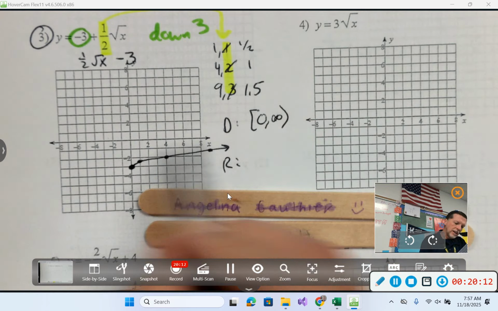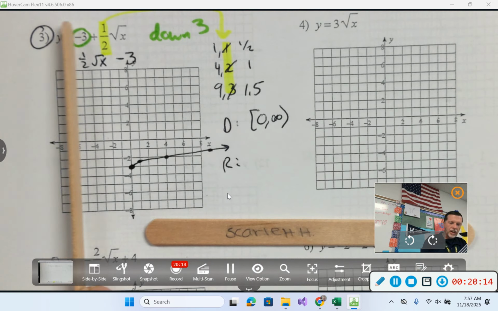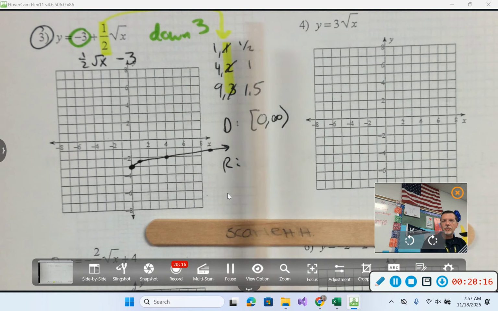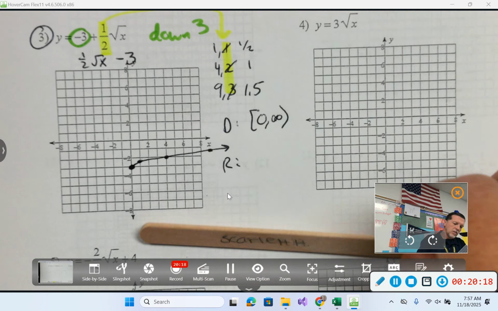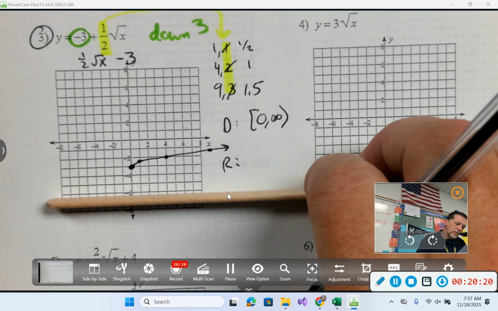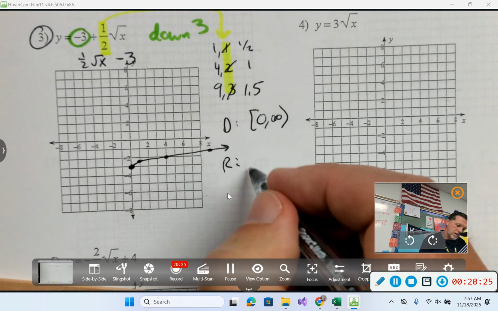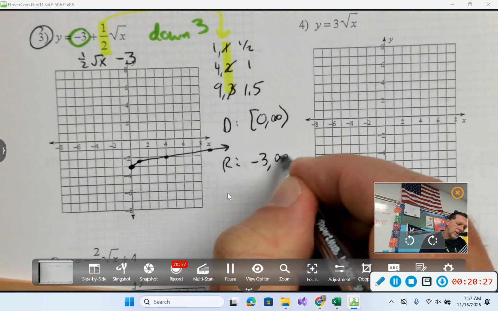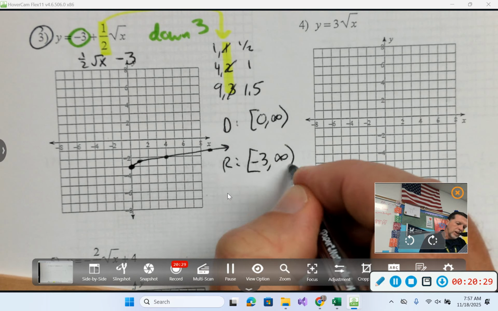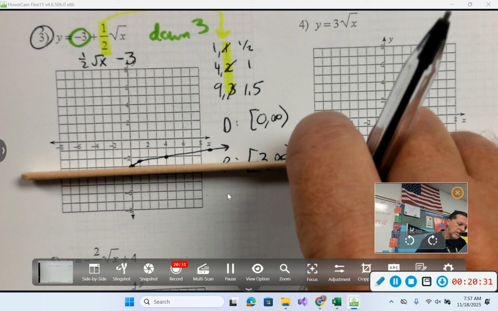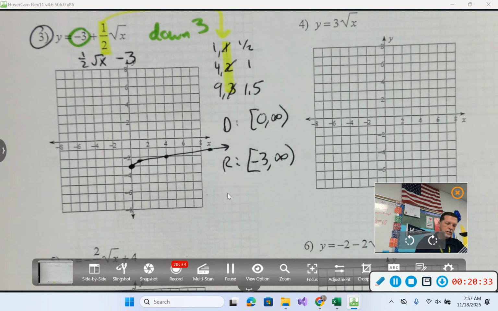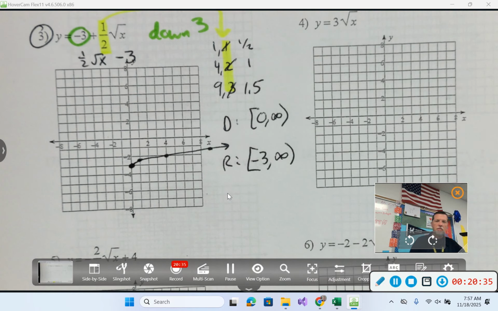So as I read it left to right, the first x value we hit is 0, and then it goes forever after that. Scarlett, how about the range, the y values? Yep, starts at -3, goes to infinity, and we want to include -3. Starts at -3, goes up from there. Up really slowly, but it goes up forever from there.